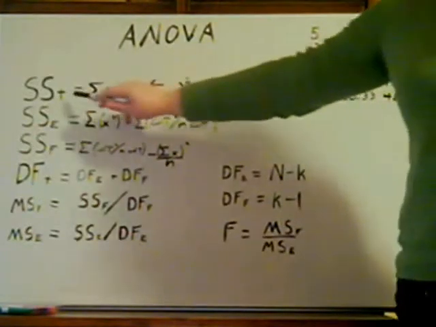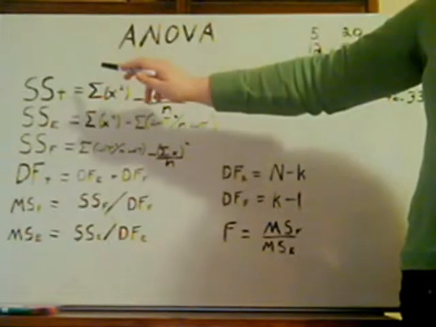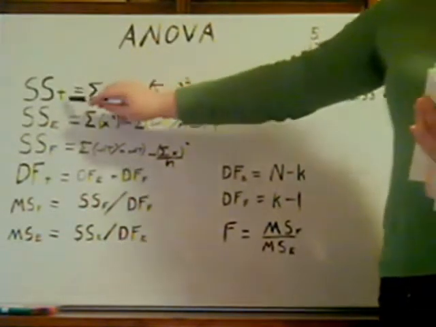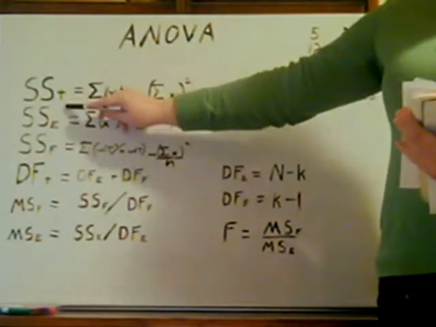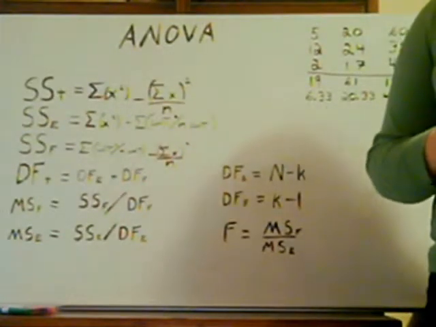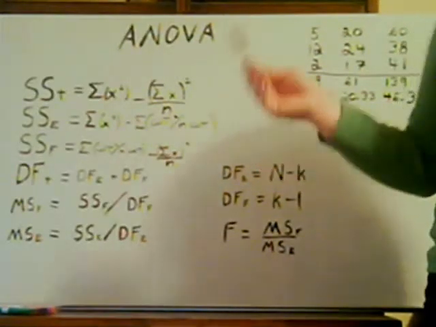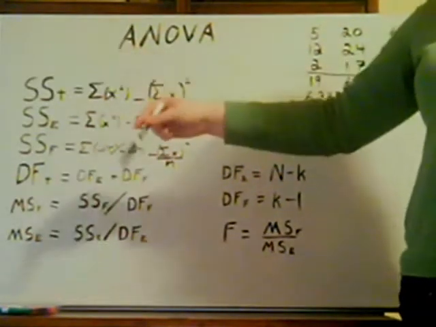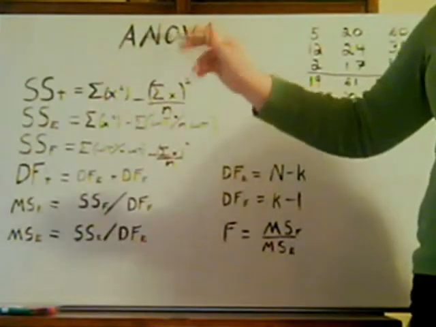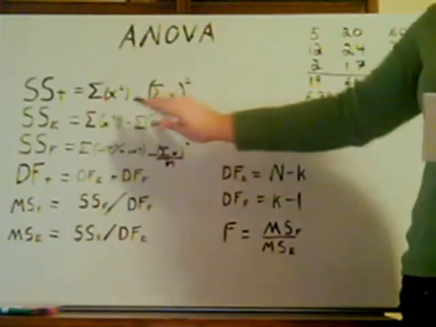First thing we're going to do is get the sum of squares for the total. Now, the formula for the sum of squares for the total is sigma, open parentheses, of x squared, close parentheses. Now, it's very important to have the parentheses on here.